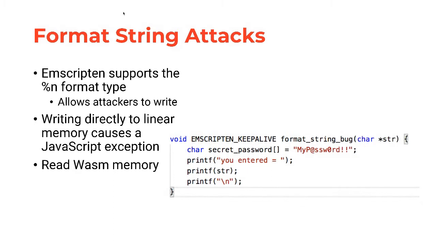But you are able to overwrite, or I'm sorry, you can read memory in some of these scenarios. But if you try to write directly to linear memory and directly point at things, then you'll see JavaScript exceptions happen. So there's edge cases that allow you to overwrite things in some scenarios, but less.